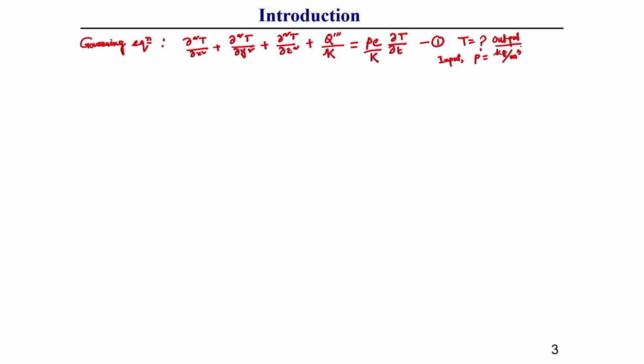Second one is C, specific heat, its unit is joule per kg Kelvin. And K is called thermal conductivity, its unit is watt per meter Kelvin.